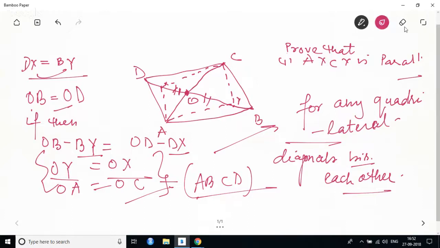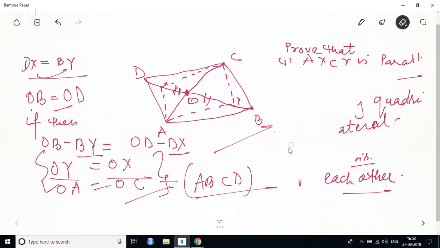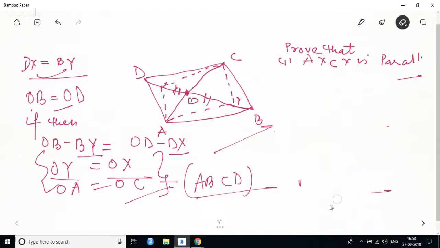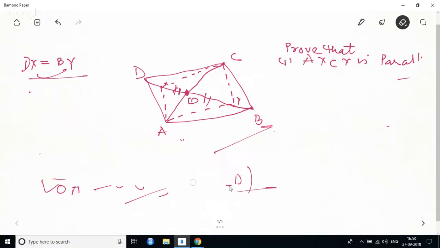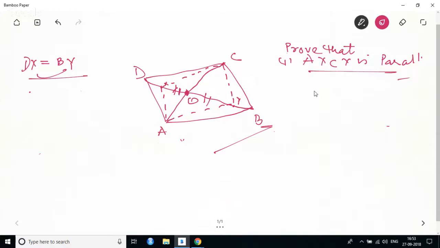What is the second proof? Let me just remove it. The second proof is I have to prove that AX is equal to CY. As soon as you prove that AXCY is a parallelogram, AX would be equal to CY.